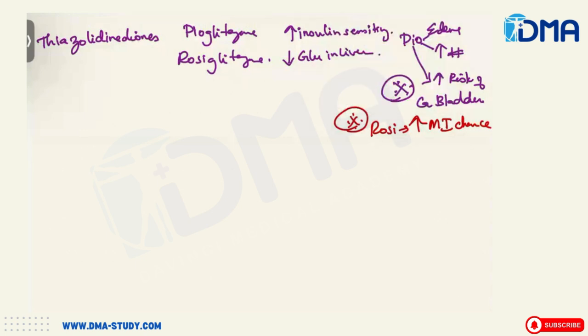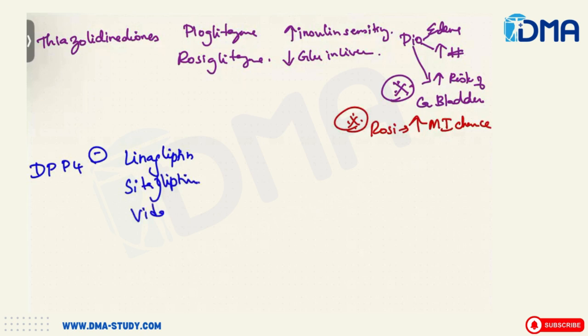Then dipeptidyl peptidase 4 inhibitors. Examples: linagliptin, sitagliptin, saxagliptin, vildagliptin, so many gliptins are there.